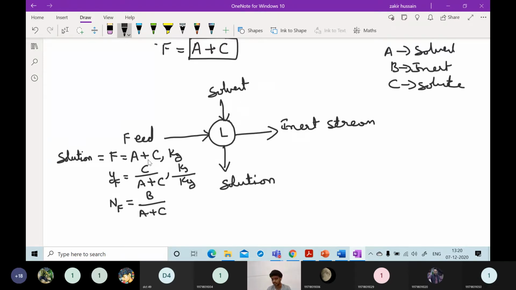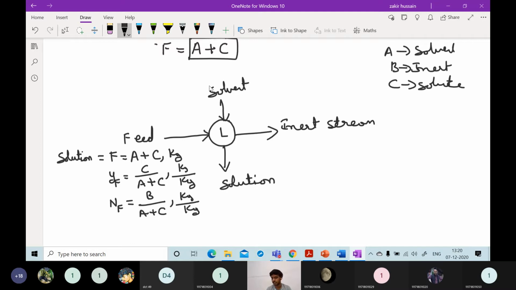If we balance in such a way, we can take care of only A plus C and omit B, then the material balance will be very easy. Otherwise, it will be very complex. These units are also kg per kg, with no units, as kg and kg cancel.